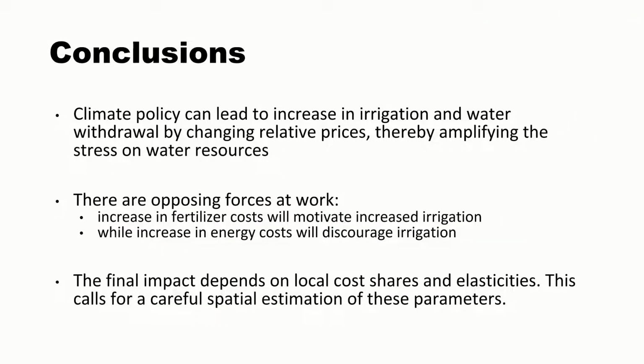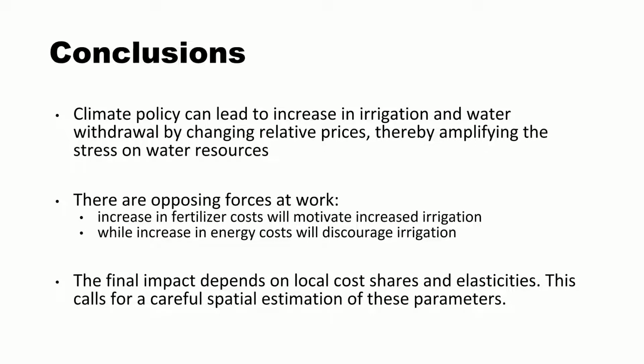So in conclusion, climate policy can potentially increase irrigation and withdrawals across the full U.S. We saw for just the corn, soy, and the Corn Belt that it may work in the other direction, but across the full U.S. it seems this could exacerbate, in particular, the water problems in the West. There are these two opposing forces.